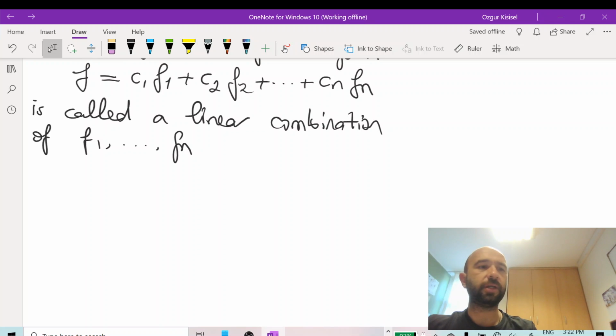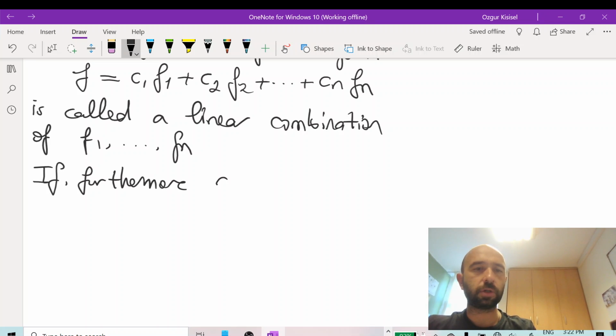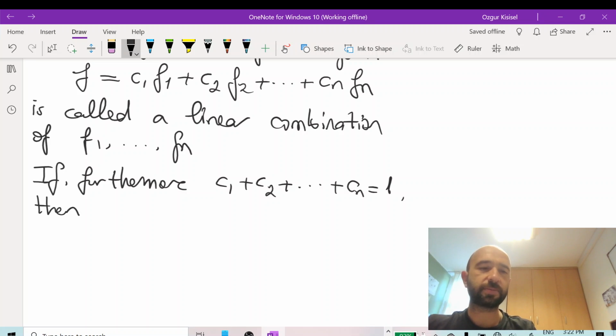If an additional property is satisfied, if furthermore the sum of the constants equals 1, which is a special case, then it has a special name.